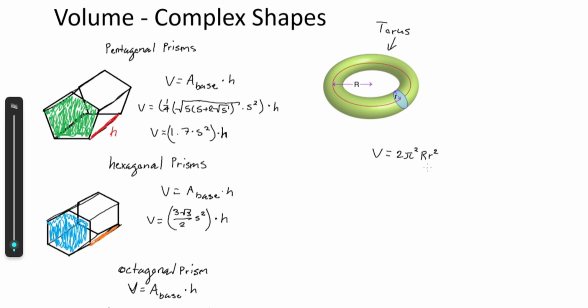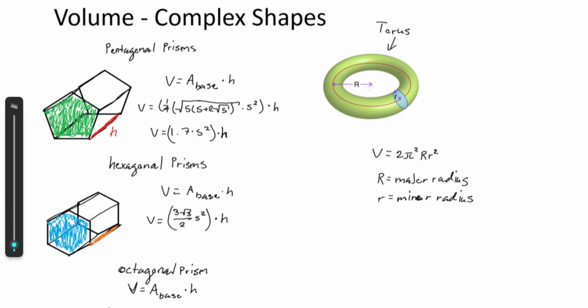So how do we know what is what? The uppercase R is what we call the major radius, and this little r is the minor radius. In this image, we actually have everything labeled.